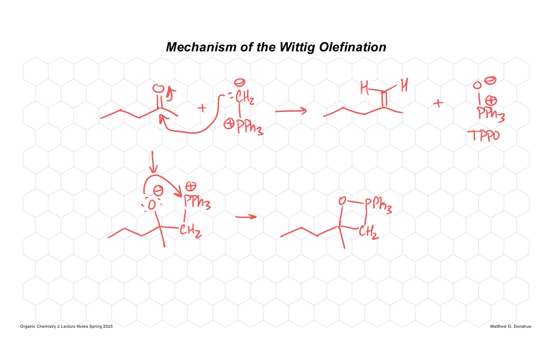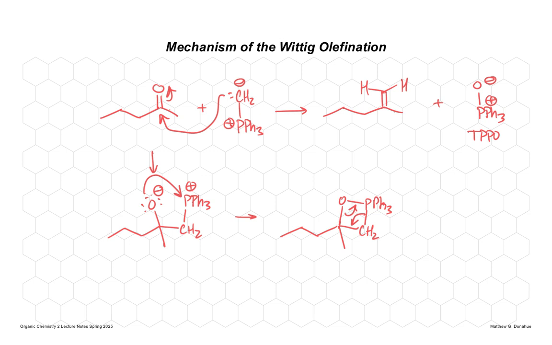So I'm going to draw 2 arrows in the box. I'm going to draw one like that and then the other like that. So that forms the carbon-carbon double bond, and then it ejects out the triphenylphosphine oxide.